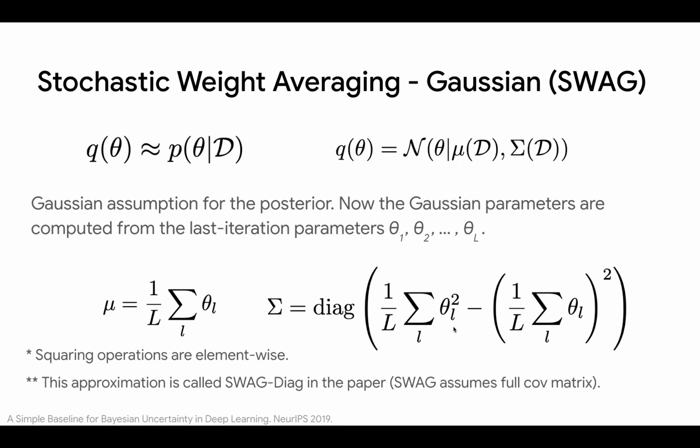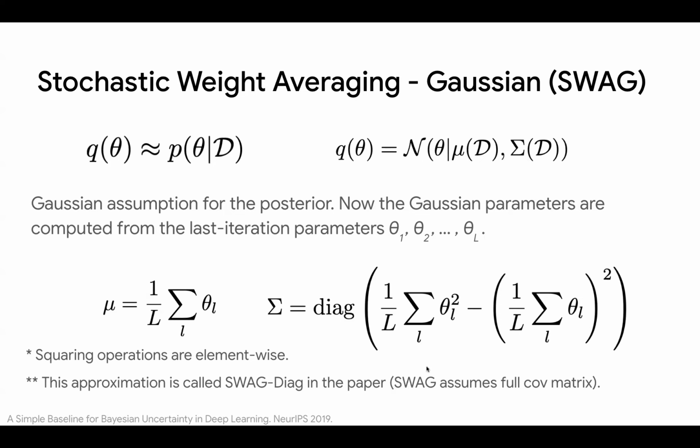So you take the element-wise square of all the thetas and subtract the square of the mean from that. And that's going to be your sigma squared for every dimension. And this is called SWAG-diag. SWAG is stochastic weight averaging Gaussian.